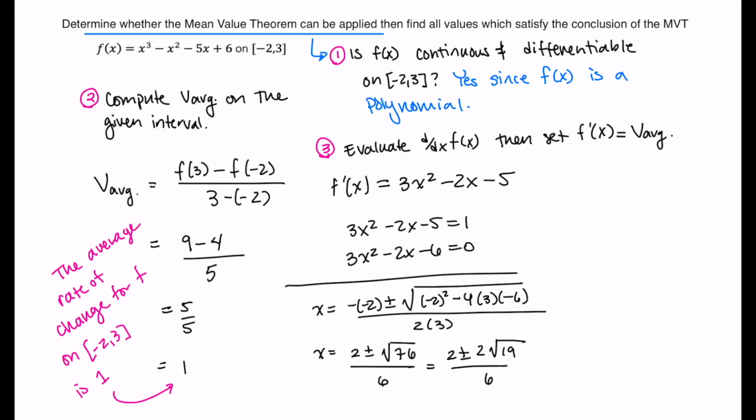All right, so we have two answers for x. Our two answers are x equals 1/3 plus root 19 over 3. That's one of them. And our other value is 1/3 minus root 19 over 3.